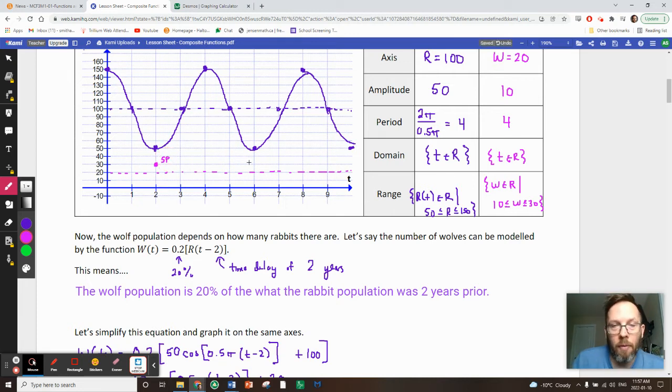And now we're good to go. We would have another maximum after 6 years and after 10 years. We'd have a minimum after 4 years, 8 years. I suppose I can even put 0 years here as well. And we come back to the axis halfway between those. And we can see the wolf population fluctuating as well.